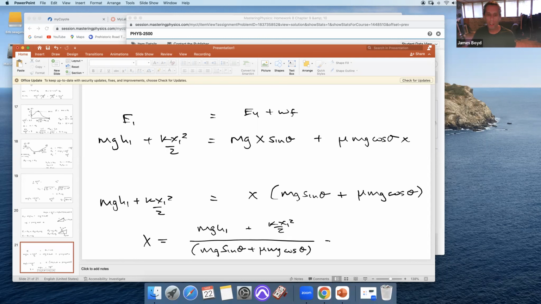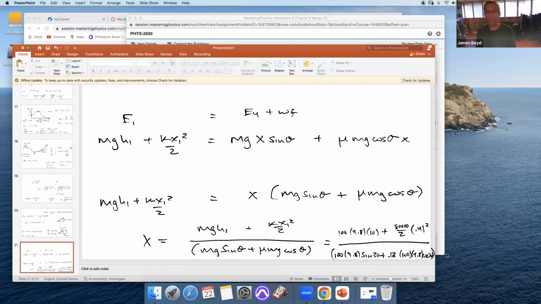And m was what? 100. So this is 100 times 9.8. Height 1 was 10. K was 80,000, so 80,000 divided by 2 times 0.4 squared. It was compressed 40 centimeters. Divided by 100 times 9.8 times sine of 30, plus 0.13 times 100 times 9.8 times cos of 30.